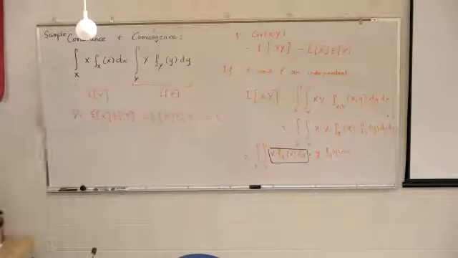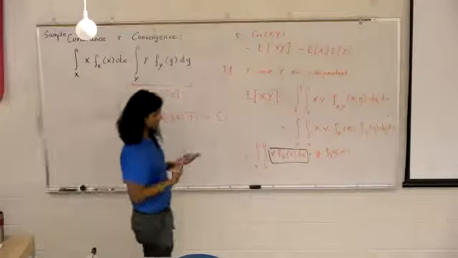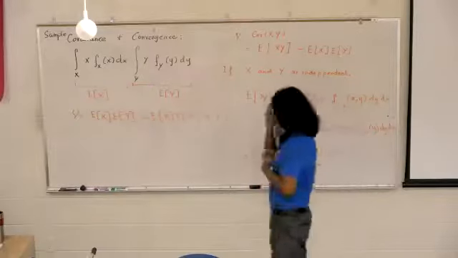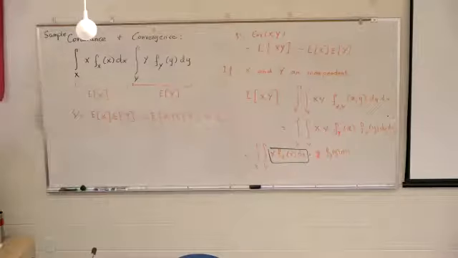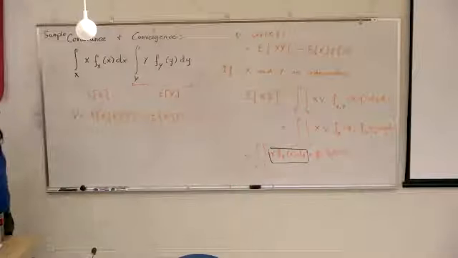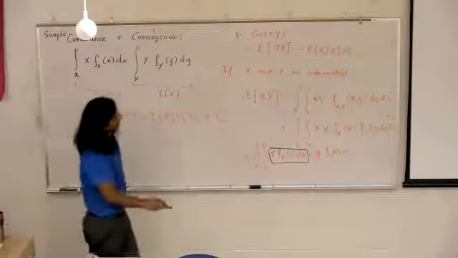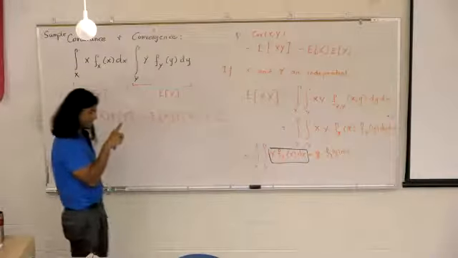And that is what we know. If you have two random variables and they are independent, the covariance has to be 0. But the only time that we can split it up is when they are independent. Now it is one directional.